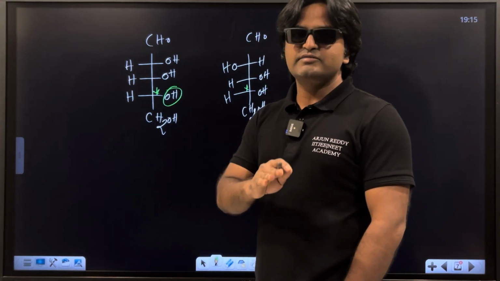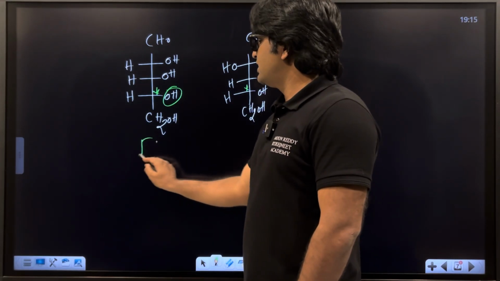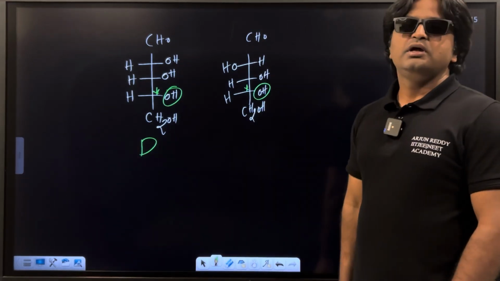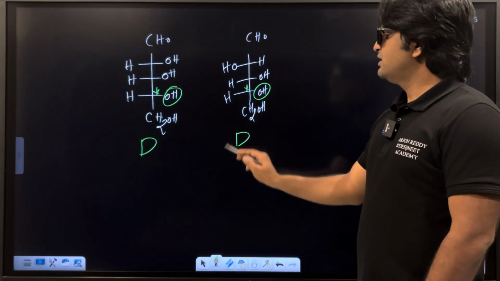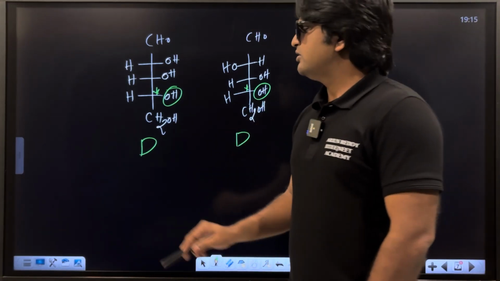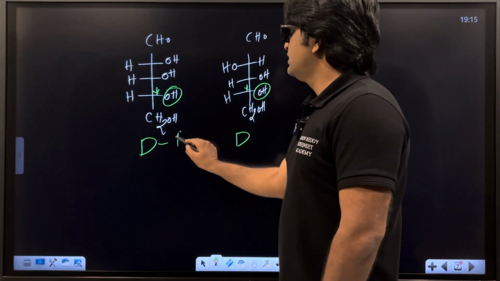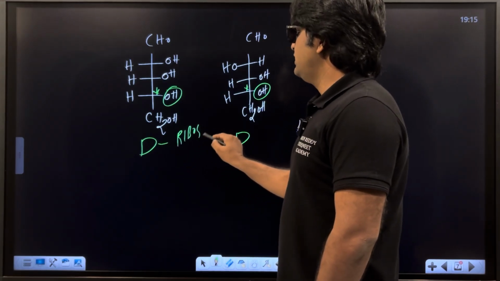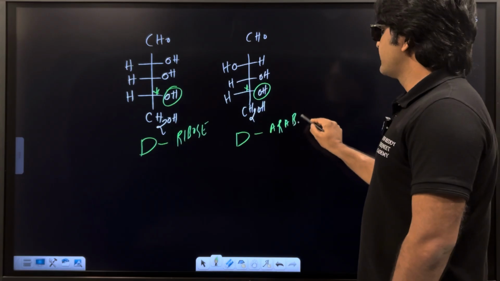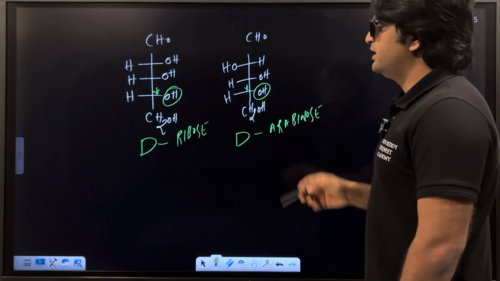Connected right side or left side? Right side. Then what is the configuration? D configuration. And here also the same thing. That OH group is connected right side, again the relative configuration is capital D. Now this molecule is known as D ribose, and this one D arabinose, like that.